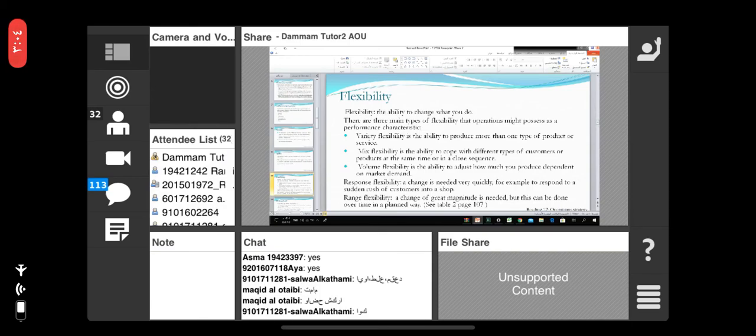The flexibility depends sometimes on the volume. Okay, can you adjust your production؟ يعني اليوم تقدر تنتج مثلا 100، بكرة مثلا 200، maybe بعد 50، maybe 500. لما تكون flexible معناته you're going to satisfy the customer needs or wants.